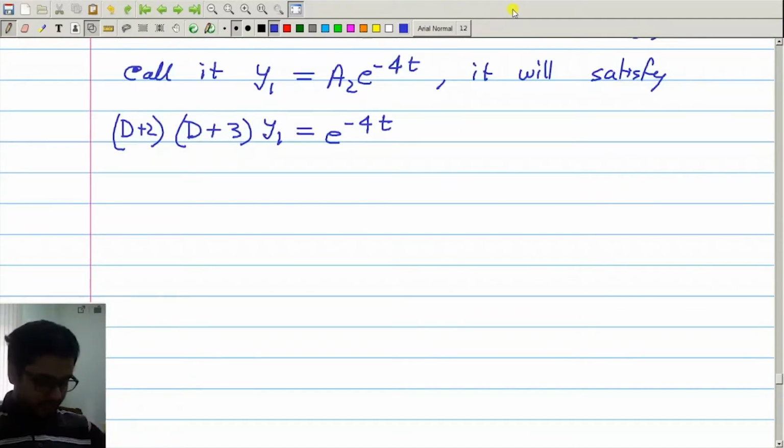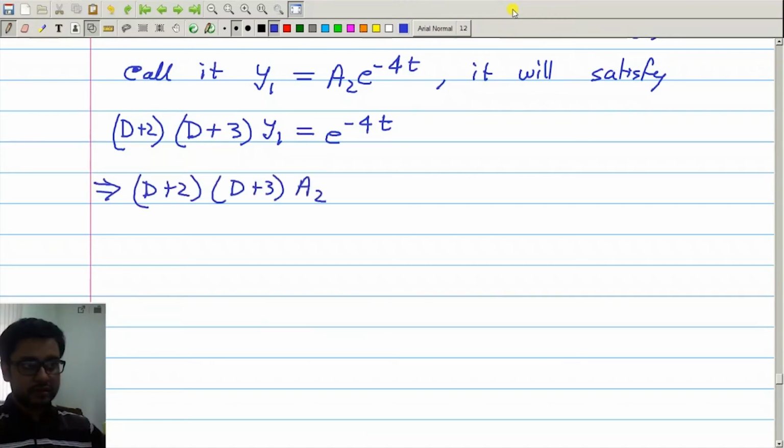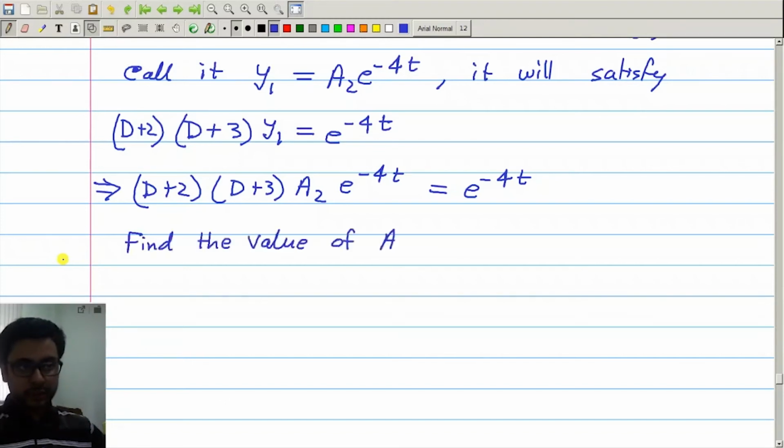So that means y1 is this, and now we have to find the value of A2 using back calculation.